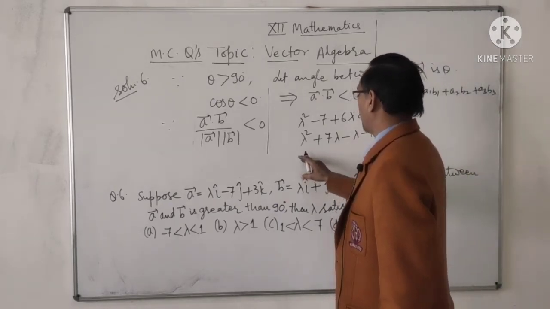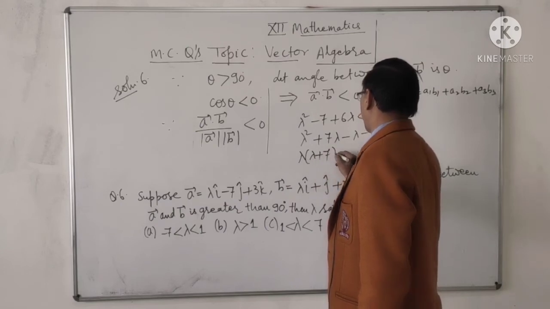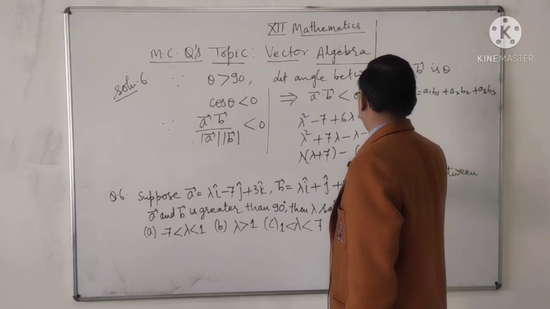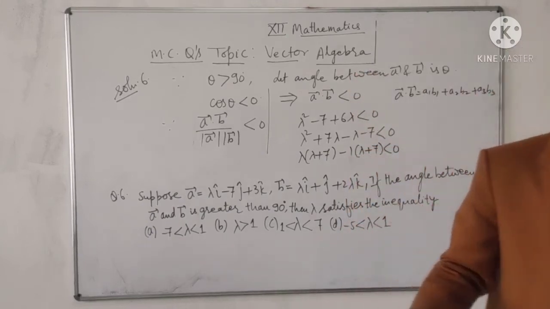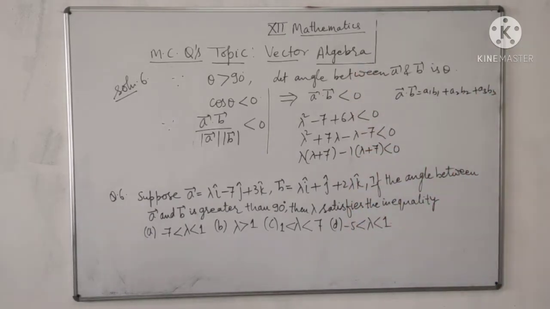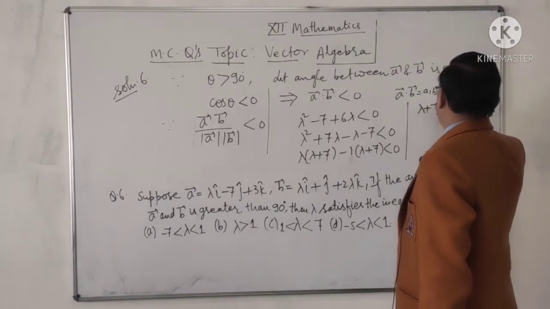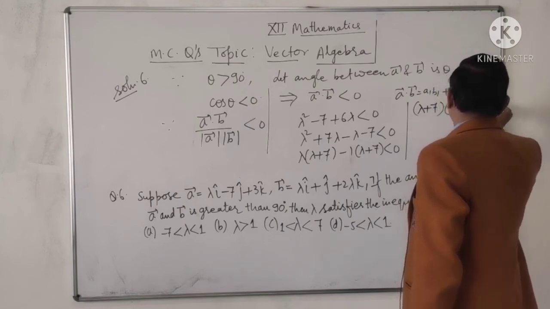From this, we will get lambda common, lambda plus 7 minus lambda minus 1, lambda plus 7 less than 0. And we will get factor lambda plus 7 and lambda minus 1 less than 0.